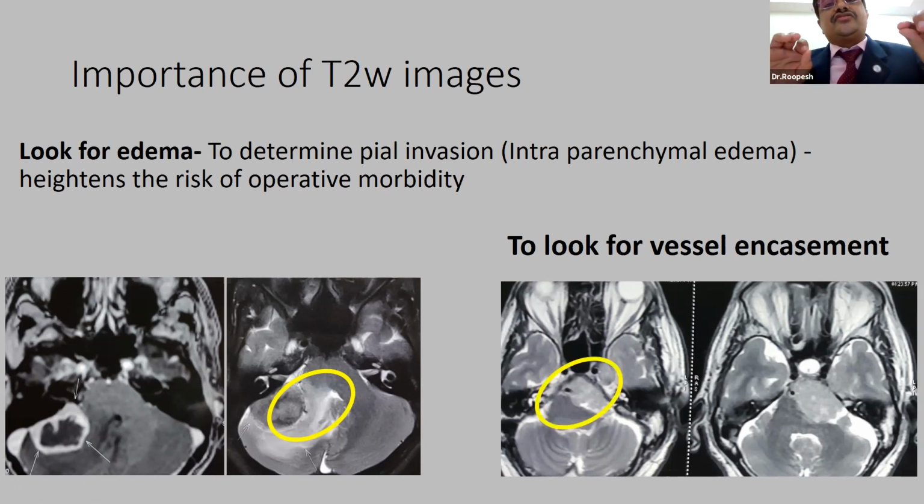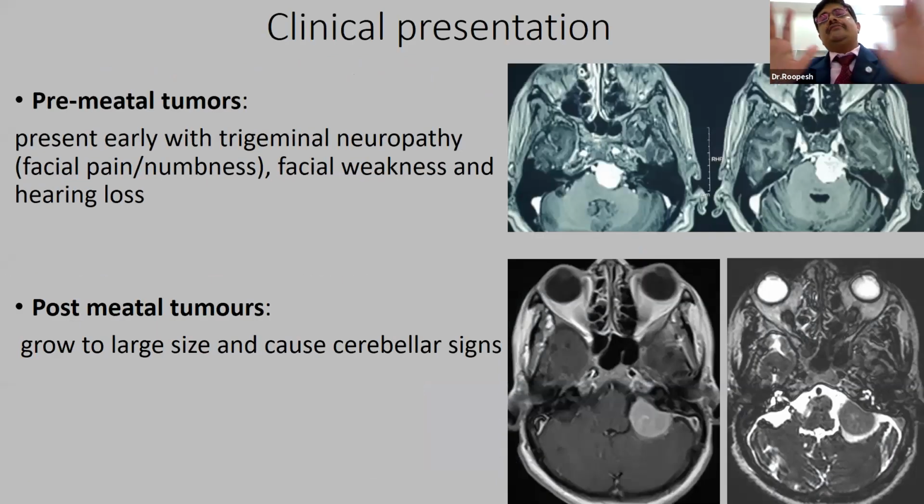The other thing, as I was mentioning, is that meningiomas typically encase the vessels. As you see, the basilar artery is partially encased. This is very crucial information to look for, especially in heavily T2 weighted images, and it helps in your surgical planning. Surgically, we can have these tumors as premeatal or postmeatal.